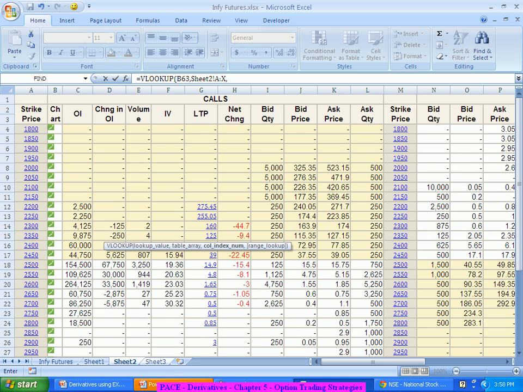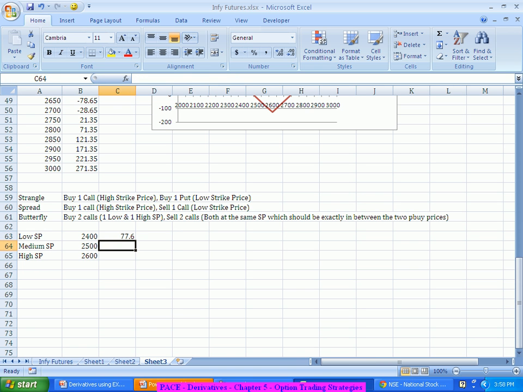And for me, the last traded price is in the G column. So 7, 0. So this is what I can write for all the three. So I will get the premium for all these three strike prices.